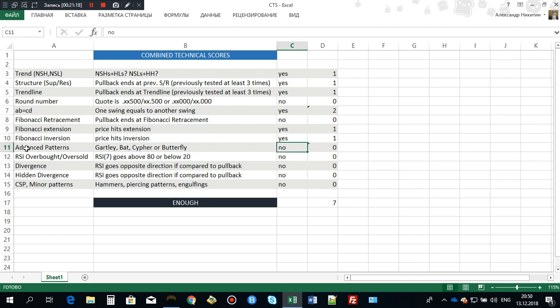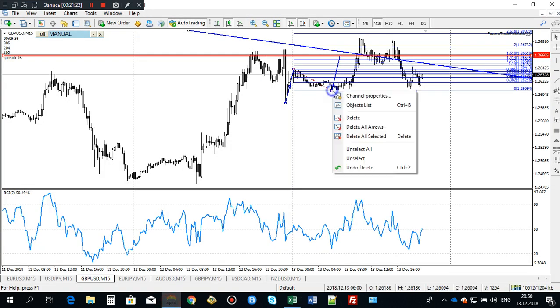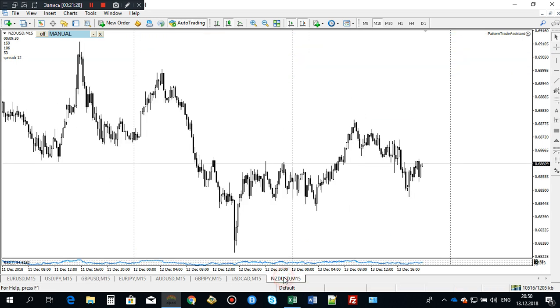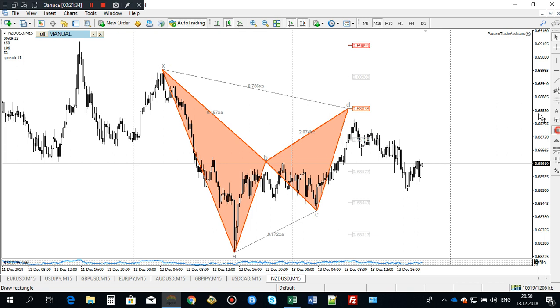Then we go to have a pattern, a unified Gartley pattern, and this is the situation when if we look at the New Zealand dollar, in that situation price didn't hit the zone between invalidation and completion.